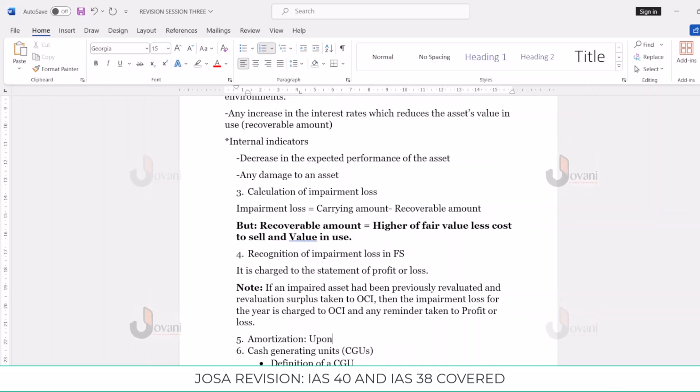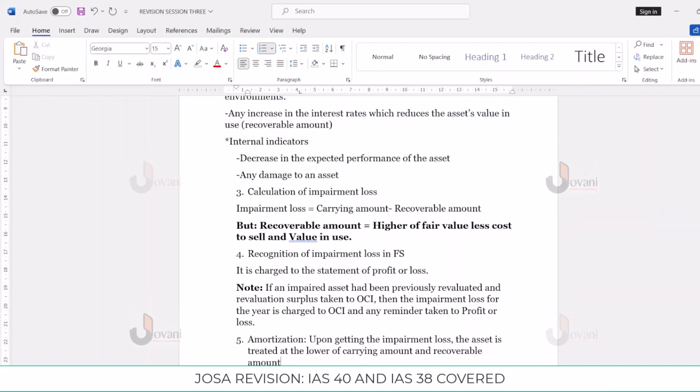So I'm going to say upon getting the impairment loss, the asset is treated at the lower of carrying amount and recoverable amount. And in this case, it is always the recoverable amount. That is why there was impairment.